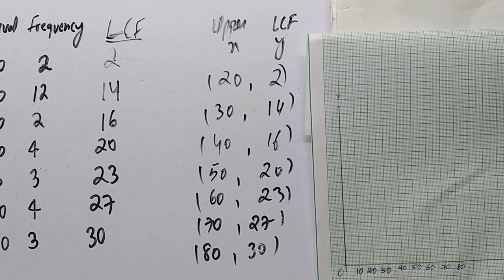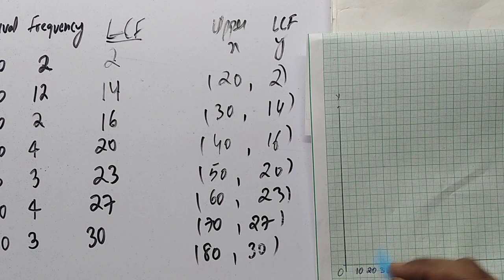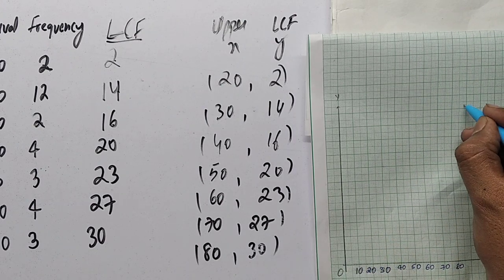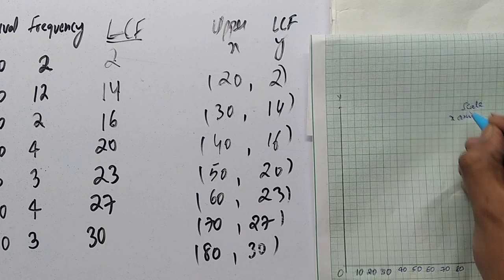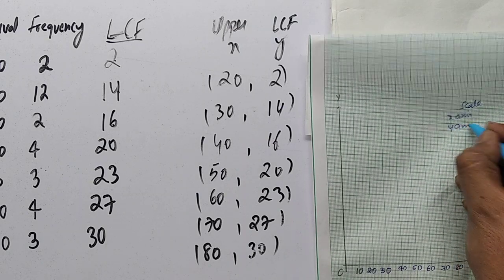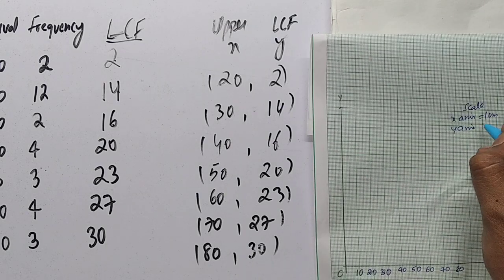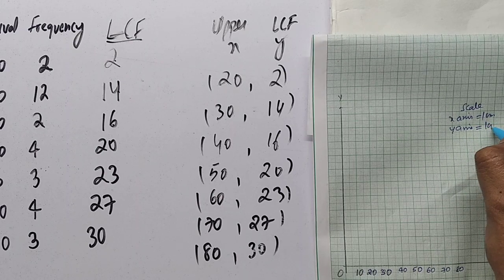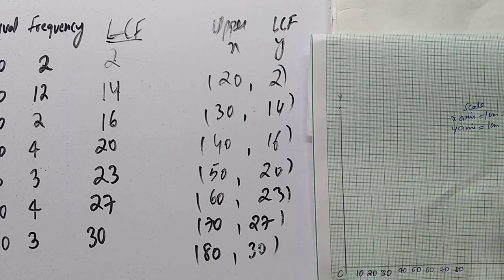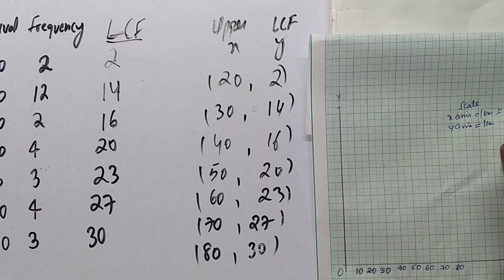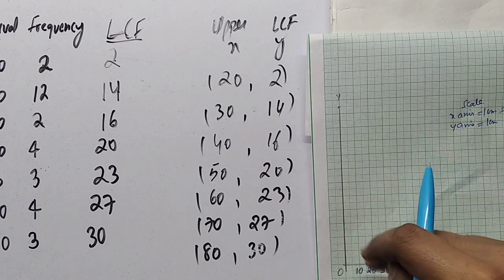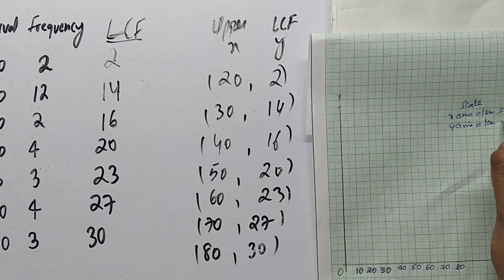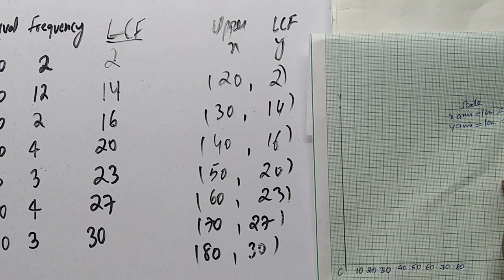Next we have to mark some points on the y axis. Okay, we have to write the scale here. So at the x axis 1 centimeter, at the y axis 1 centimeter. At the x axis, 1 centimeter I have taken 10 units. Similarly I will be taking 2 units on the y axis.